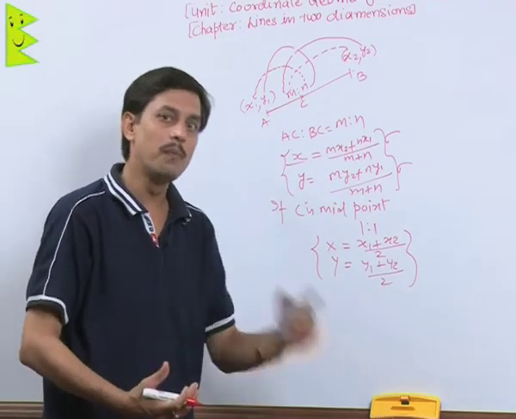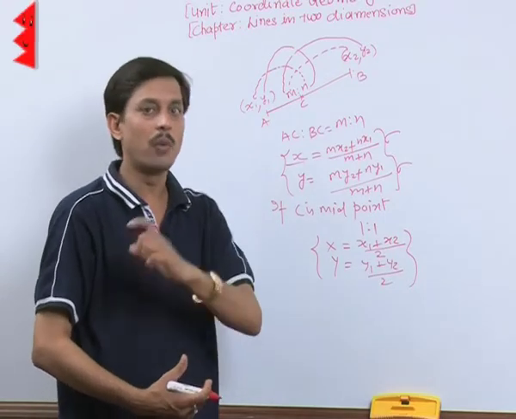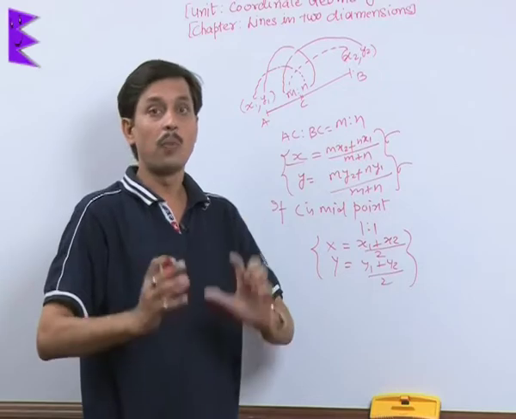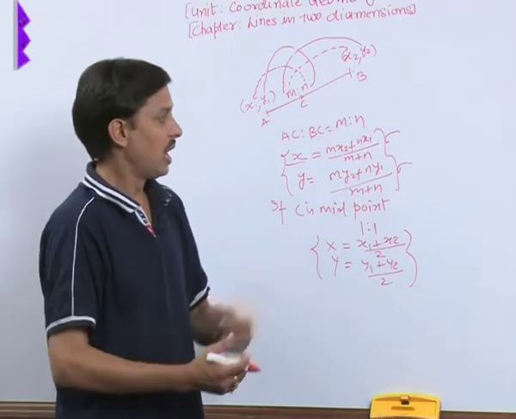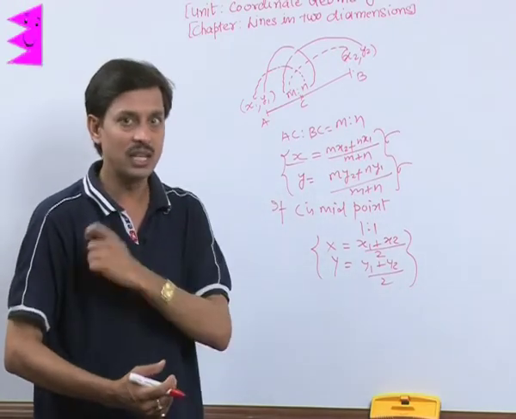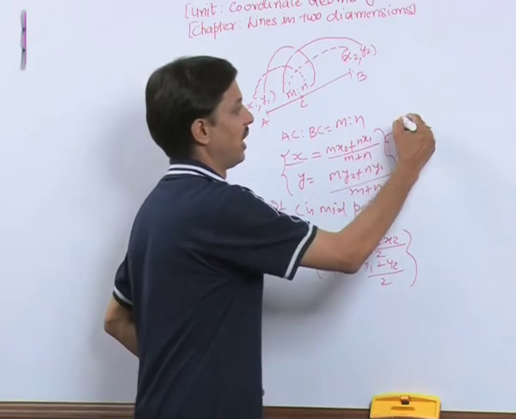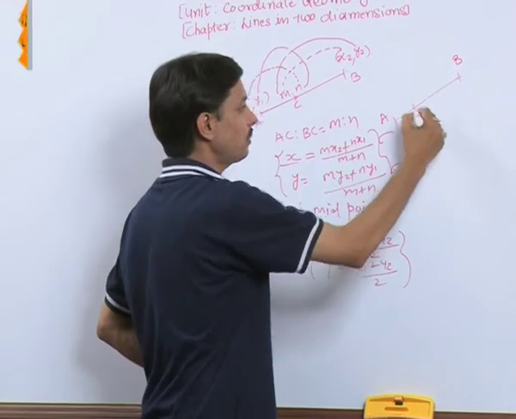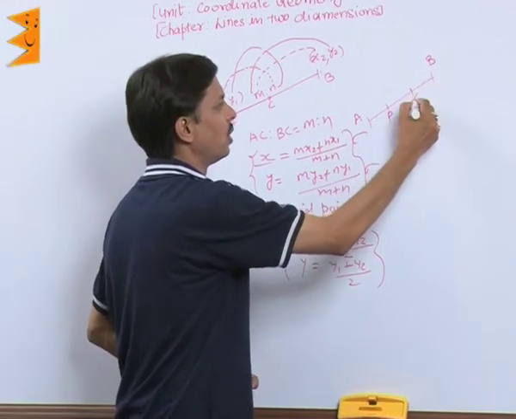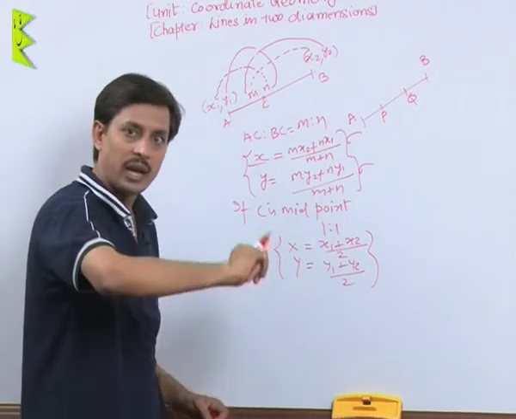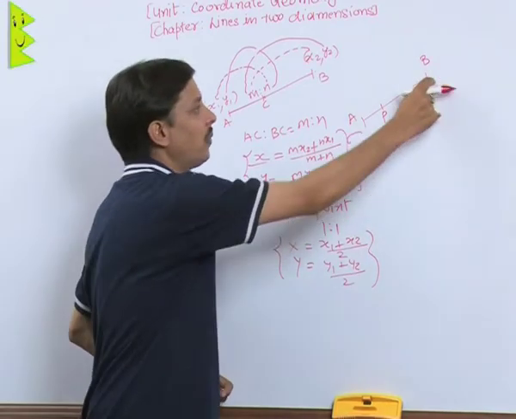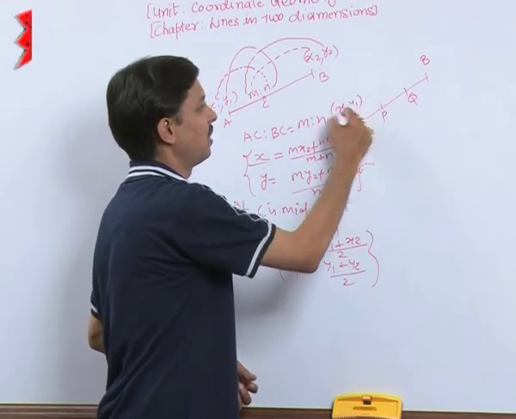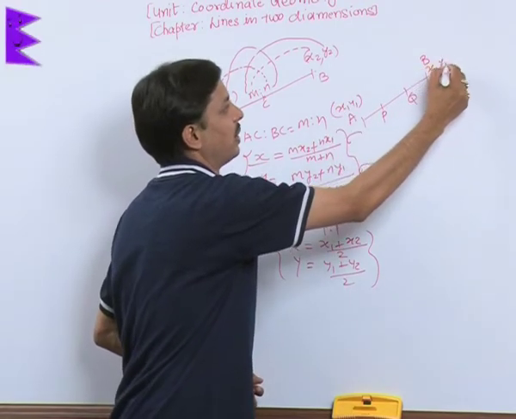And there is one very important problem that sometimes comes: if it is written that points are trisecting. As and when trisection is given, you must understand it like this. Suppose this is a point A, this is a point B. There are 2 points P and Q. These points trisect the line joining A and B. Suppose coordinates at A are x1, y1, coordinates at B are x2, y2.